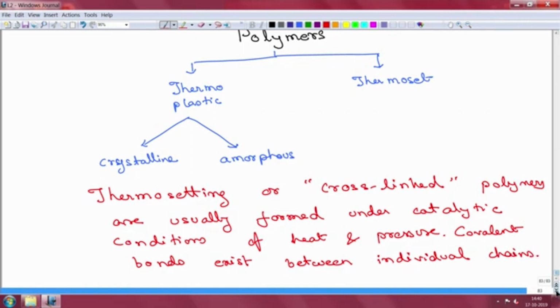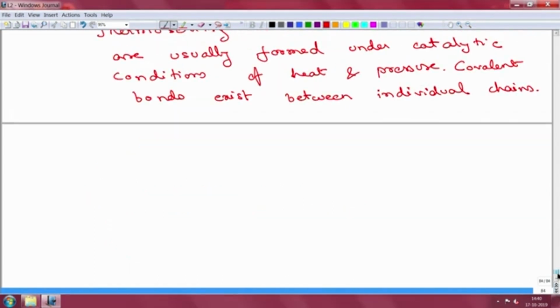If you were to go down to the atomic scale, what you would find is, let us say you have a polymer, this is a chain, and let us say this is another chain. Now, at some point they have come into close contact with each other, it is right here.